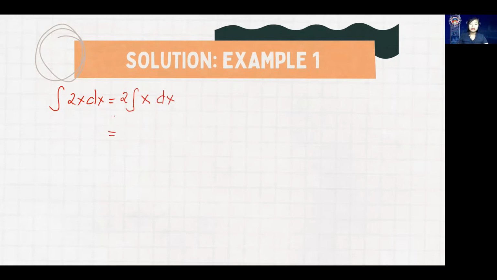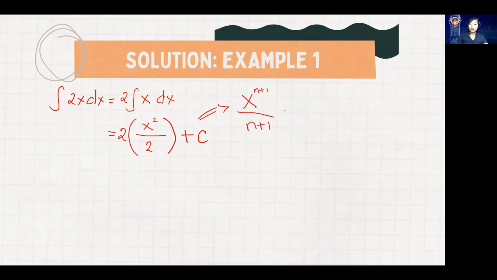Then let's apply the integral. So 2, then copy the variable, add 1 to the exponent, and what our exponent is would also be our denominator. Then add the arbitrary constant. It came from this formula, x raised to n plus 1 over n plus 1 plus the arbitrary constant.